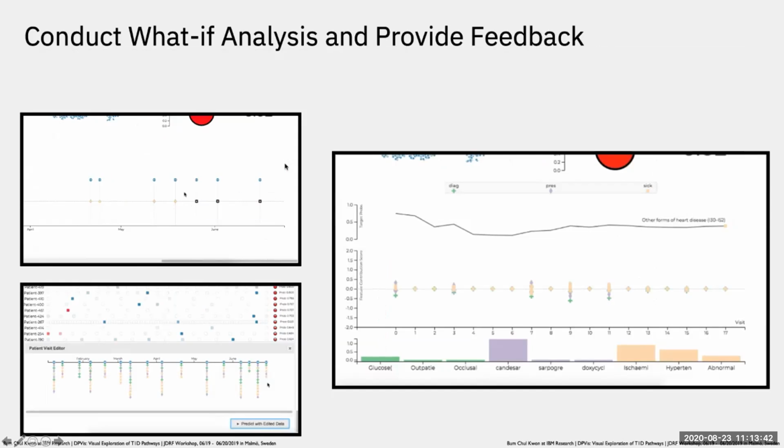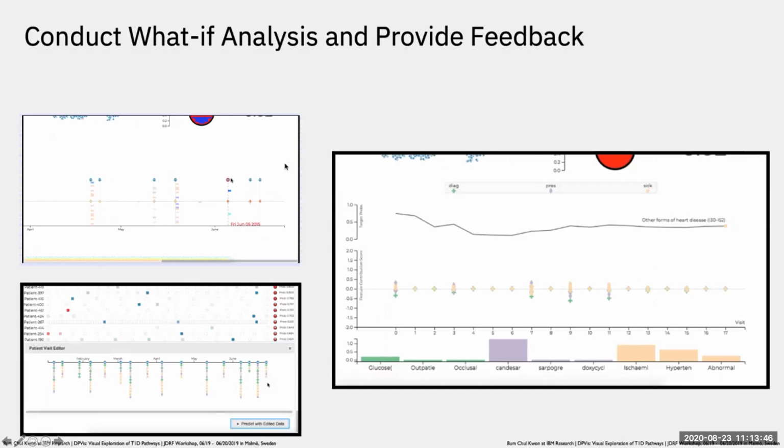So once users select multiple medical codes, they can also provide feedback so that the model can increase the attention scores for the selected medical codes and see how that affects the decisions for selected patients.